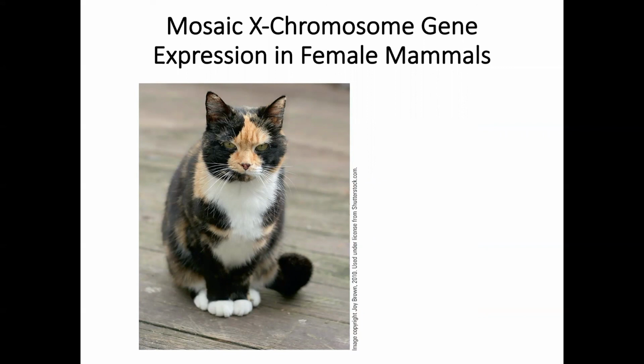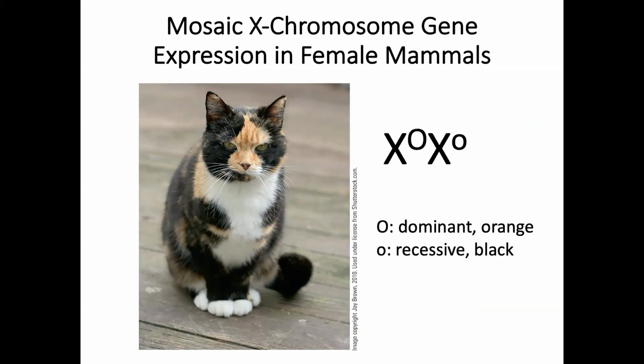The calico cat is a good example. In this type of cat, an X-linked gene for coat color has 2 alleles: a dominant allele that produces orange colored fur, shown as the capital O here, or a recessive allele, shown as the lowercase o, that produces black fur.